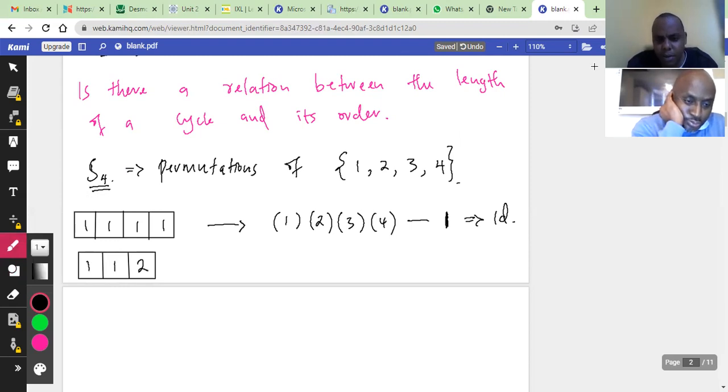I'm thinking of 1, 2, 3, 4 as letters, and you come up with words using letters.